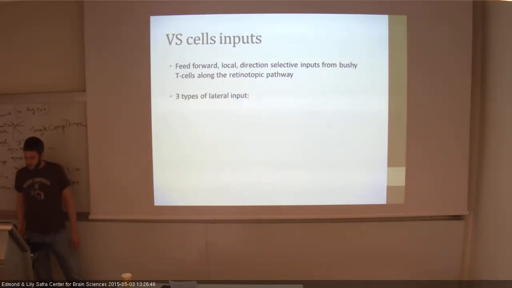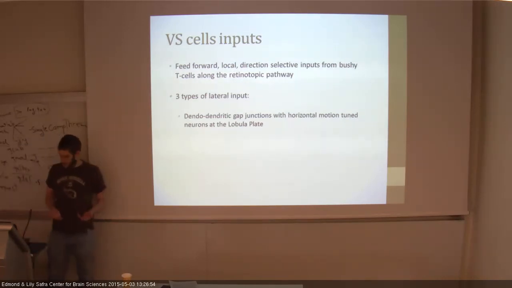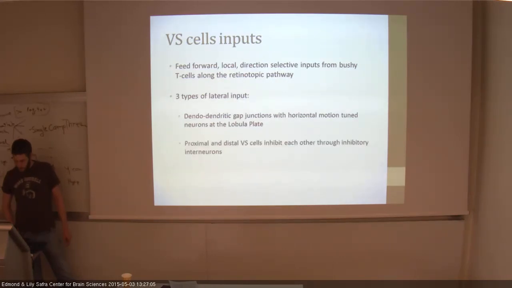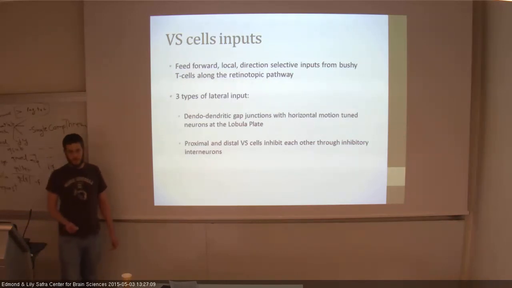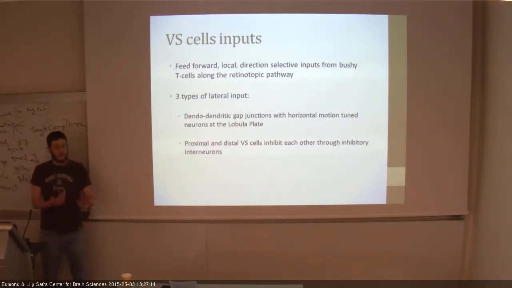In addition, they have three types of lateral inputs. They have dendrodendritic gap junctions, which are electrical synapses between dendrites of them and other horizontal motion neurons. They have proximal and distant VS cells that inhibit each other through inhibitory interneurons, which means that the computations they do affect each other.